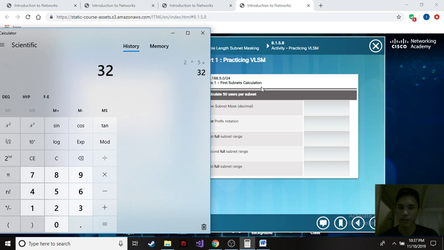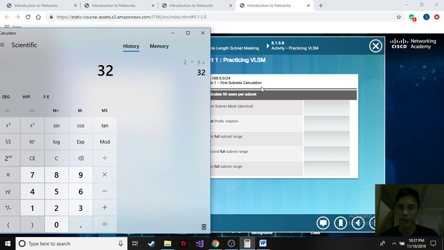This should do it. Now that our borrowed bits is 6, we will subtract it from our default prefix notation, which is 32. So 32 minus 6 is 26.